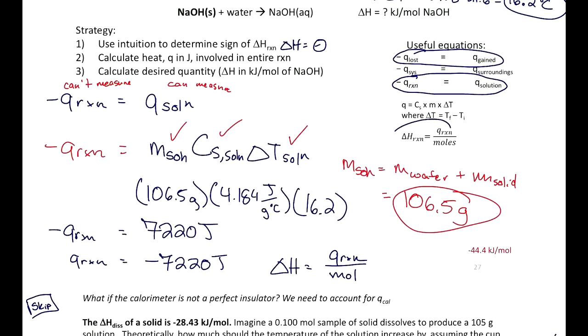So I'm using this equation right here. I'm going to take that value I just calculated, Q of my reaction, with the appropriate negative sign, and convert it into kilojoules. So negative 7.22 kilojoules of heat divided by the number of moles I actually dissolved.